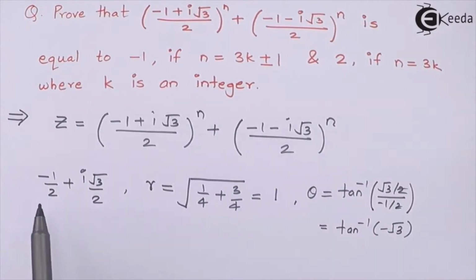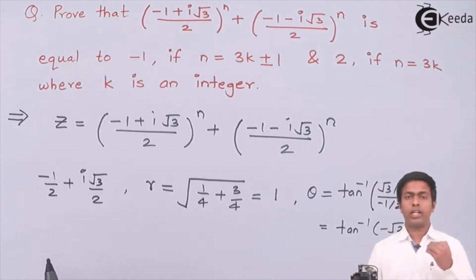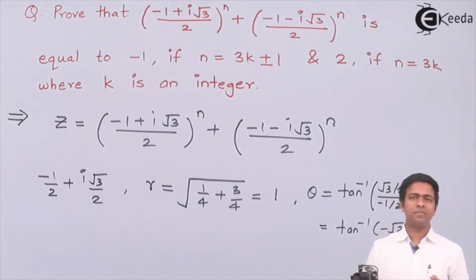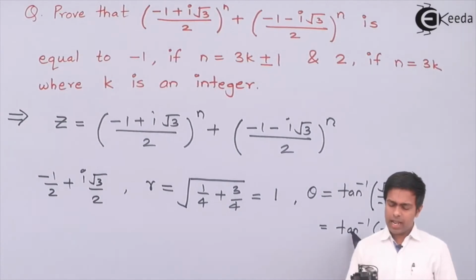Now guys, if you see this number, x is negative and y is positive, and if we plot it on the coordinate system, that number will come in the second quadrant. So my theta should be between 90 and 180 degrees. So tan inverse of -√3, how do we solve it?